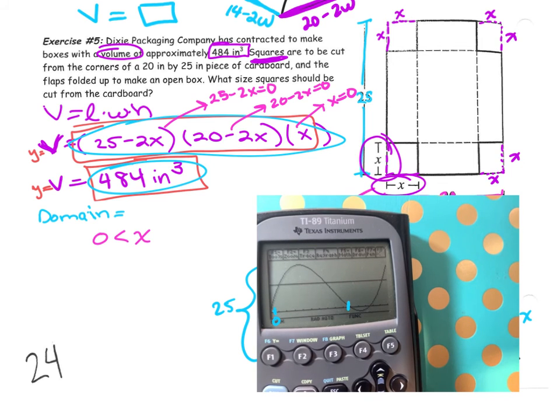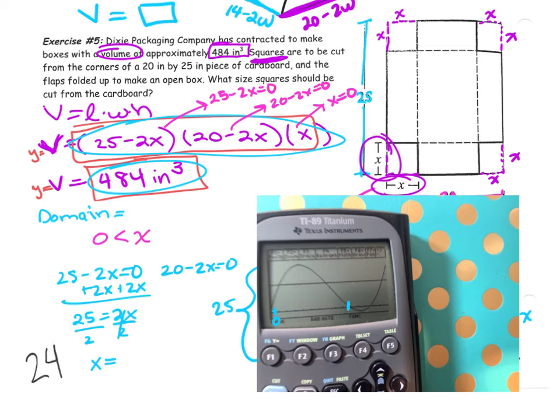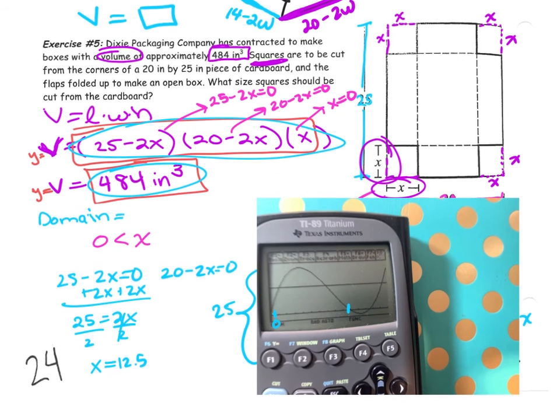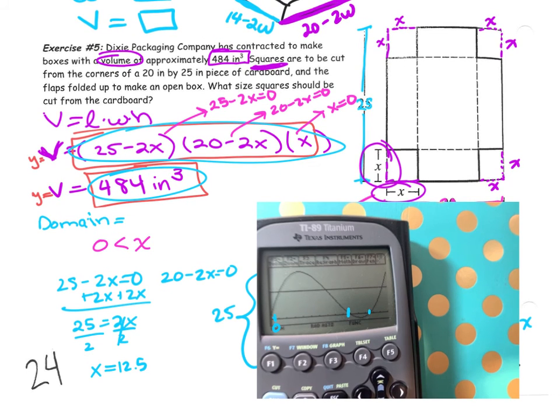So let's do that. I'm just writing this out here. Add my 2x to both sides. I have 25 equals 2x. We get x to equal 12 and a half. So that is actually this value right here. And over here, add the 2x to both sides.